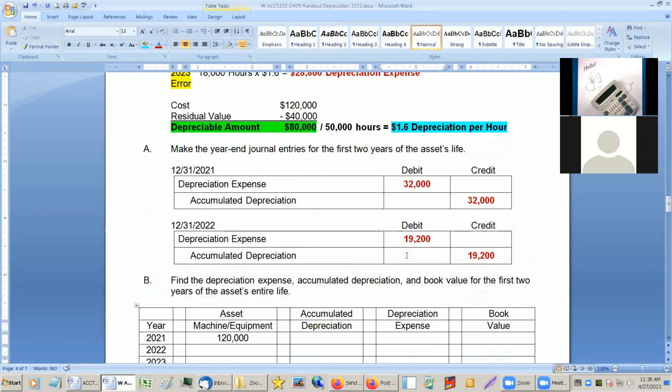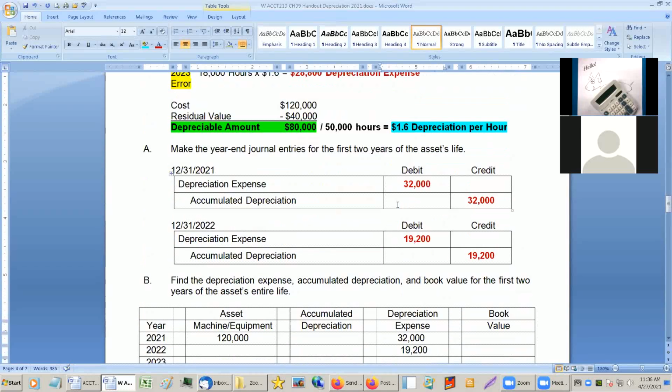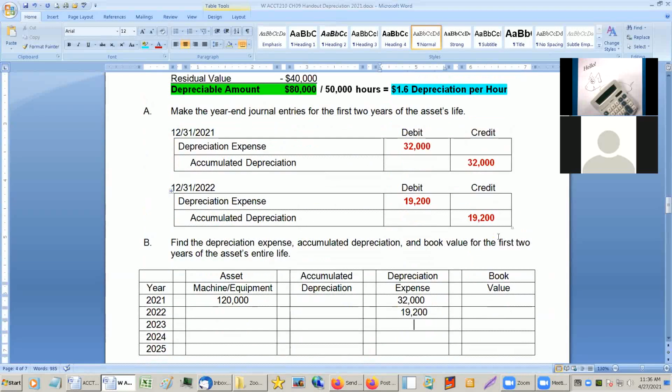Oh, I should put the depreciation expenses in first. 32,000. $19,200. And 28,000. Well, I only asked for the first 2 years, but I'll put in the third year too. It's like one more year.